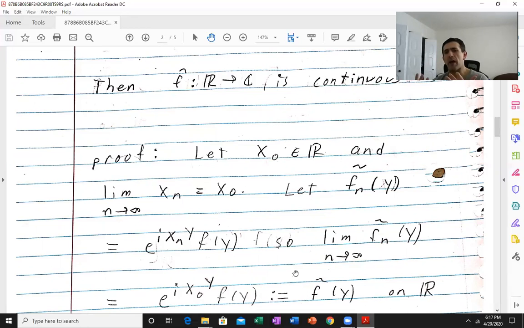So just from that fact, we have trivially that e to the i x_n y times f of y converges to e to the i x_0 y times f of y. f of y is just f of y; it just sits there, it doesn't do anything, it's a complex number. And same thing with y. y is just y; it just sits there. So clearly, x_n y converges to x_0 y, and therefore e to the i x_n y converges to e to the i x_0 y, and therefore this whole thing converges to this whole thing here.